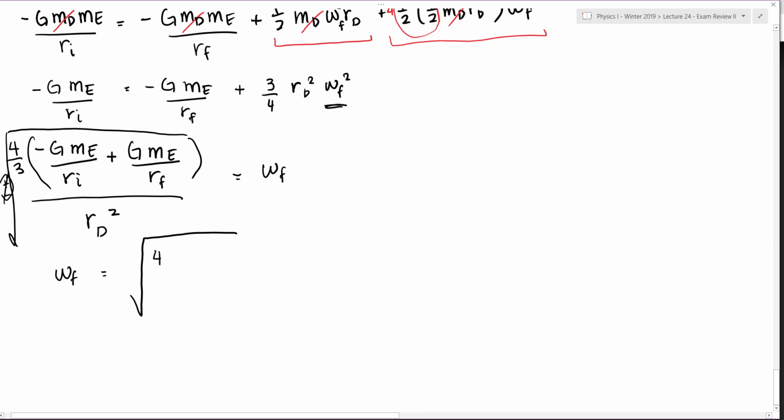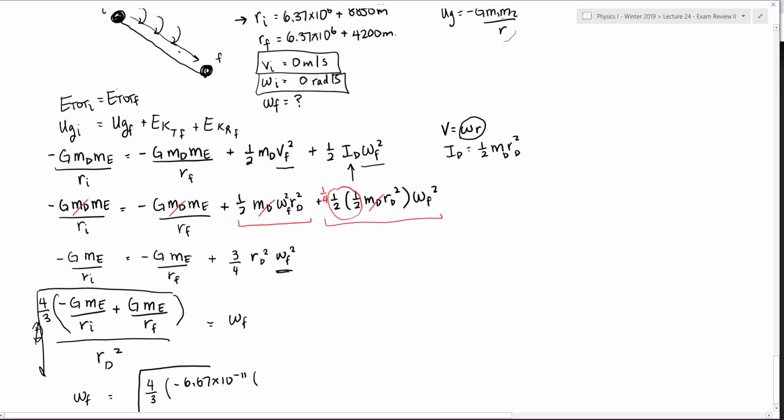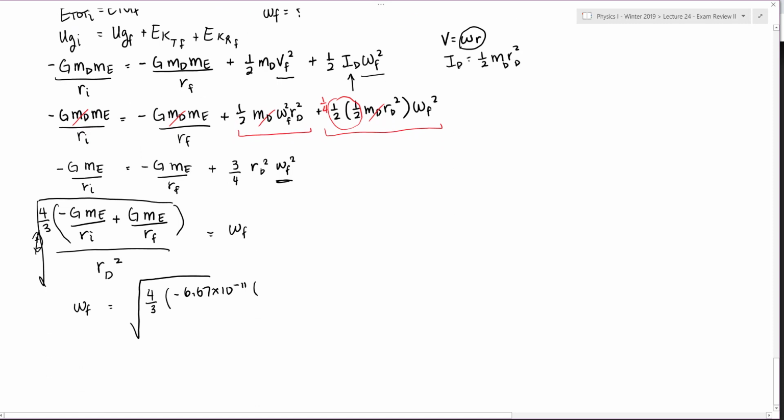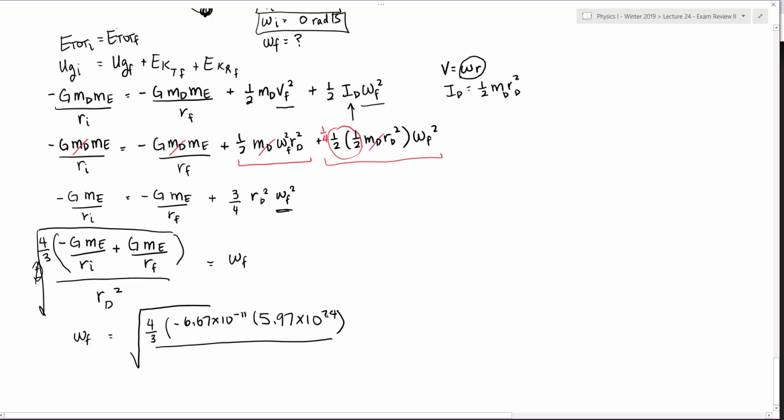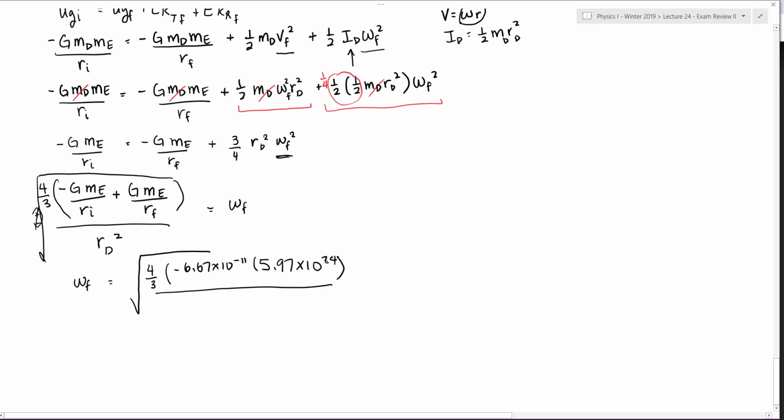So I have 4/3 times negative 6.67 times 10 to the negative 11 times the mass of the Earth, which you can find in your formula sheet. It's 5.97 times 10 to the 24, divided by the initial radius, which is 6.37 times 10 to the 6, plus 8,850 meters.